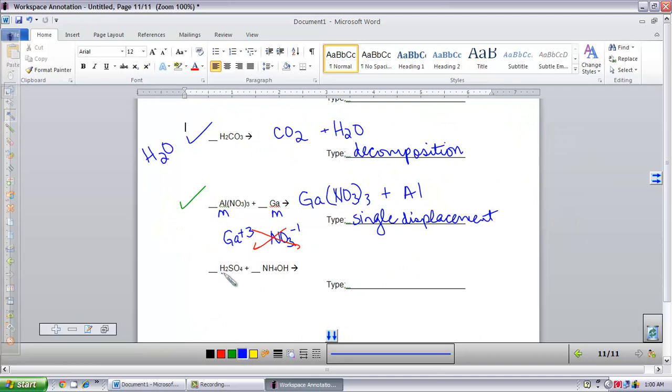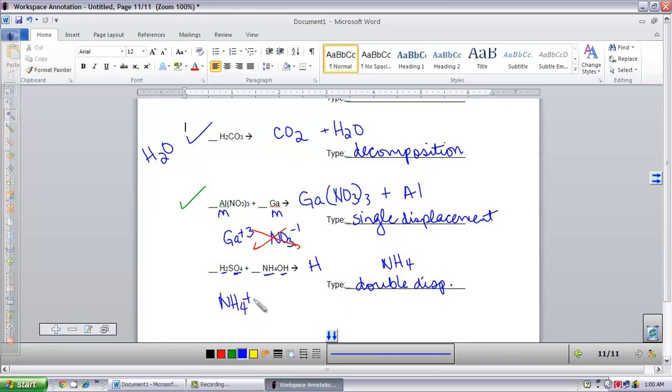Last one. You've got a compound here, and then a polyatomic here. This has a polyatomic. These cations in the front are going to stay in the front, so I'm going to keep a hydrogen here, and I'm going to keep an ammonium here. This is a double displacement. Sulfate is going to be combined with ammonium.